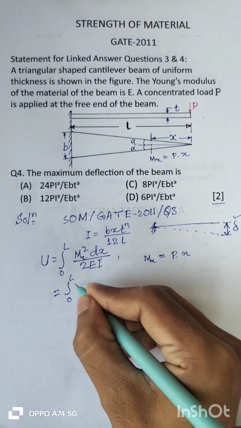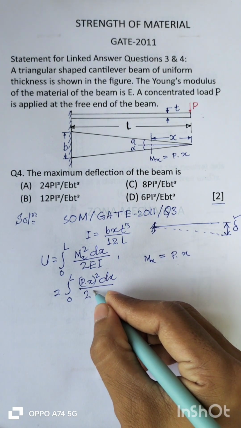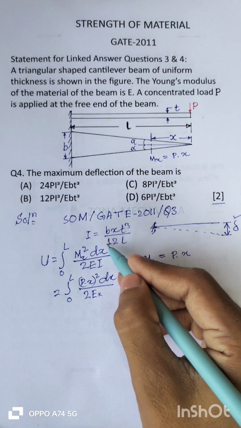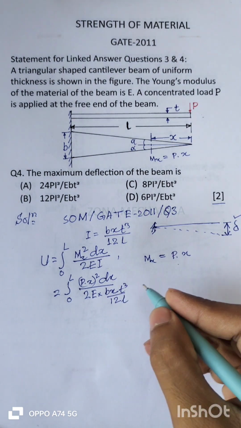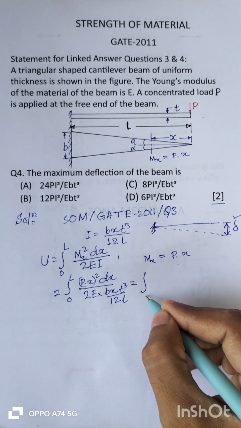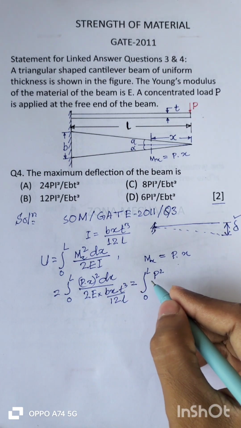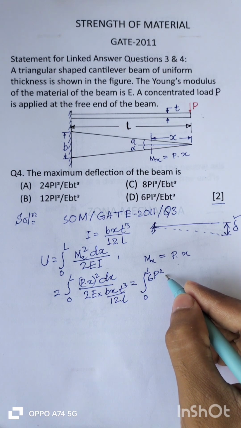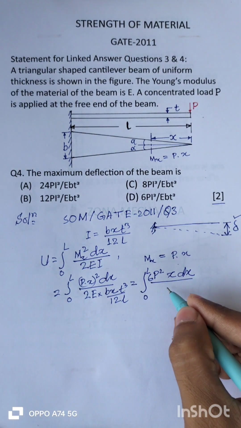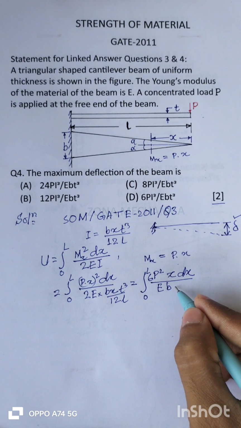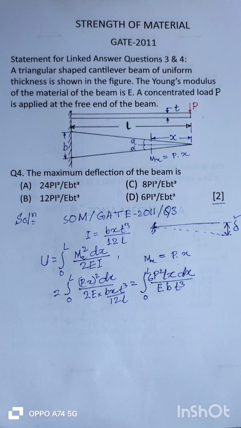So from 0 to L, P into x square dx by 2 into E into I. We are putting the expression of I, b x t cube by 12 into L. So this will give the integral from 0 to L of P square, and 12 and 2 will give 6, so 6 P square, and this is x square and this is x, so it will give x dx by E into b into t cube, and this L will go up, so L.